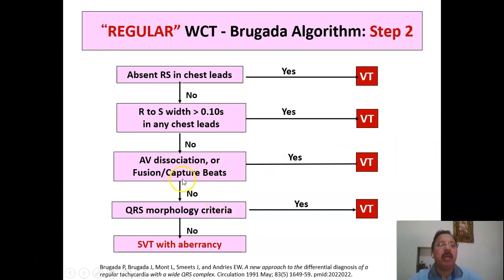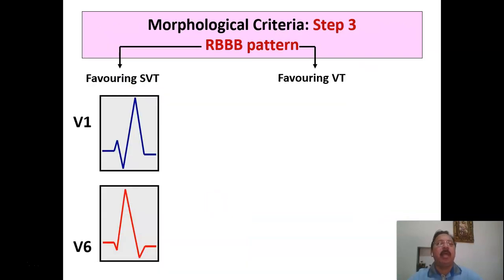Still, if you are not convinced, look at the morphology of the QRS complexes in the chest leads. Especially look at whether this is a right bundle branch block pattern or a left bundle branch block pattern. This is the normal pattern of right bundle branch block, that is, V1 is positive and V6 is also positive.